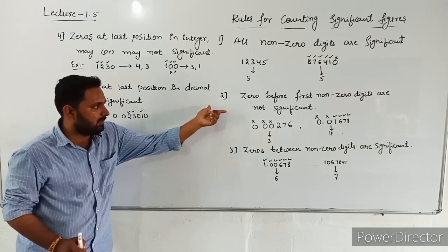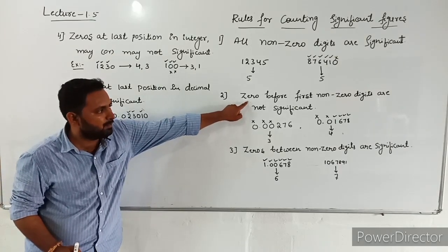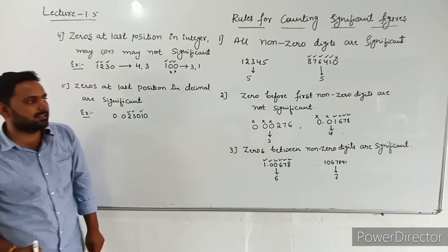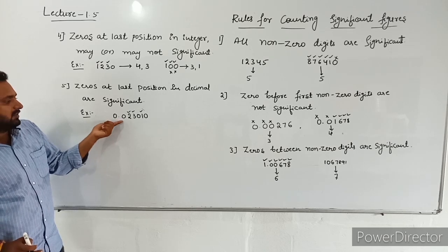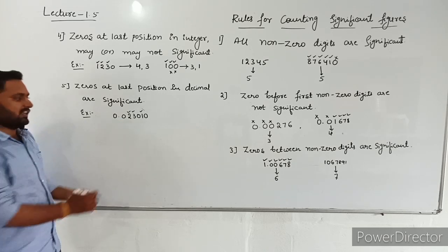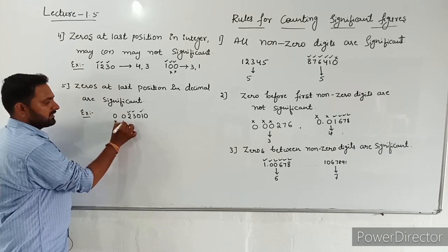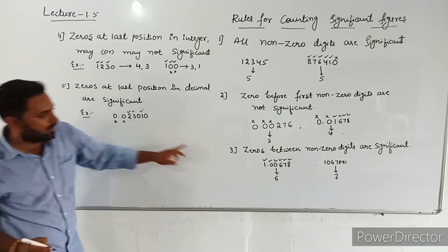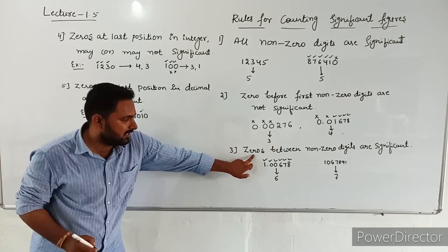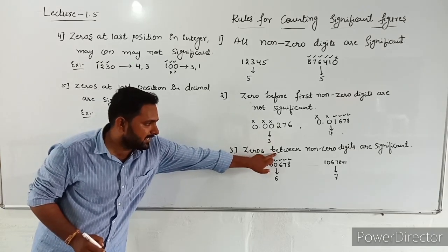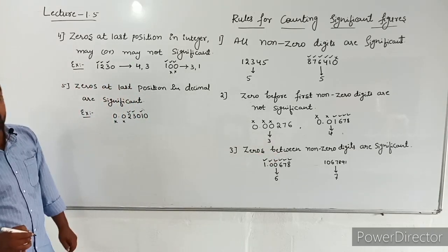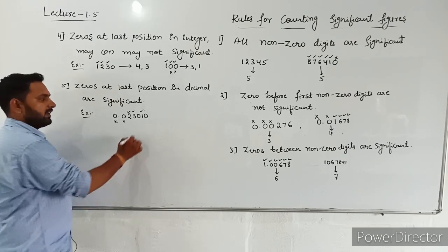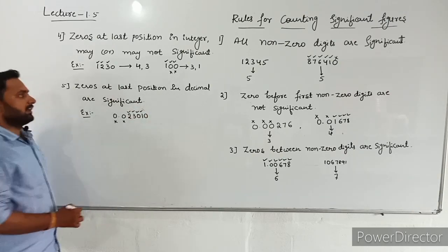According to the second rule, if zeros are before the first non-zero digits, then the zeros are not considered significant. So these are not significant. Okay, now what about this zero? According to the third rule, if zeros are present in between non-zero digits, then we consider them significant. So it is also significant.